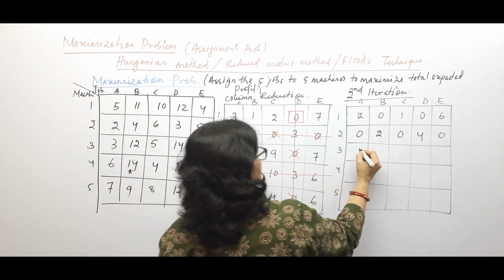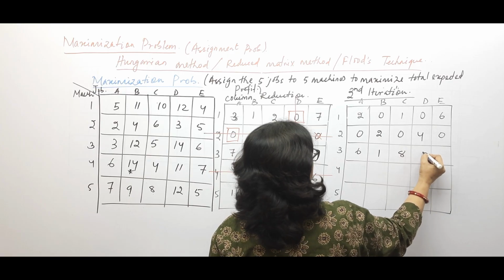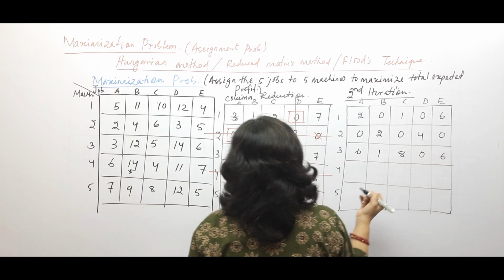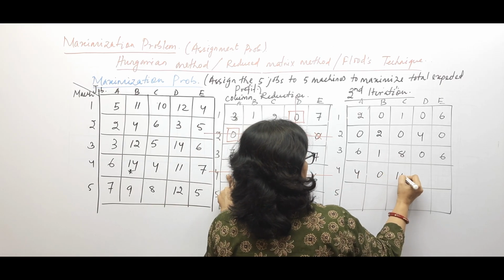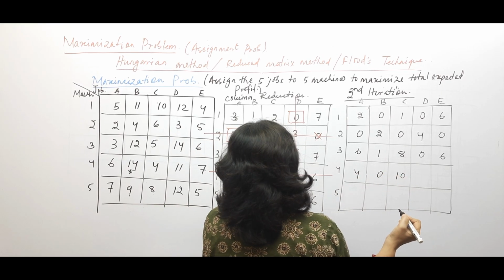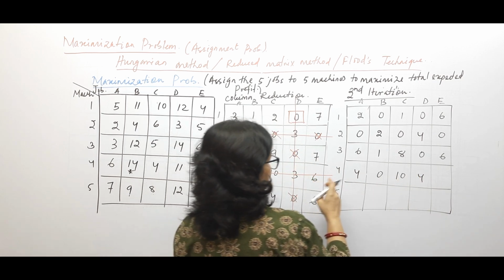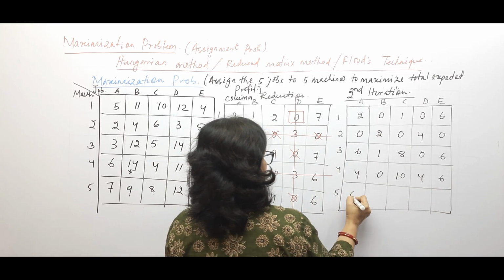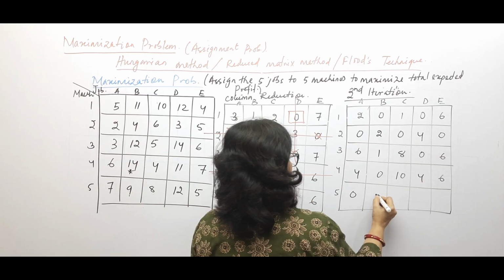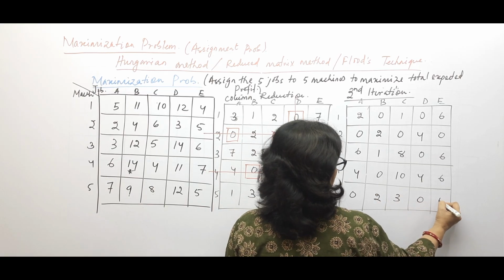Again 6, 1, 8, 0, 6. This one will be 4, 0, 10, 4, 0, 10. This one will be 4 as it is an intersection: 3 plus 1 is 4. Then 6. Here 0, 2, 3, 0, then 5.